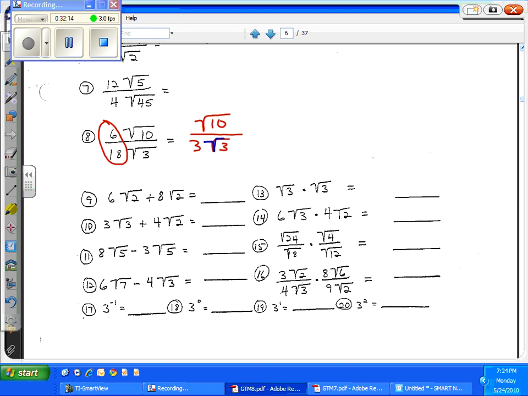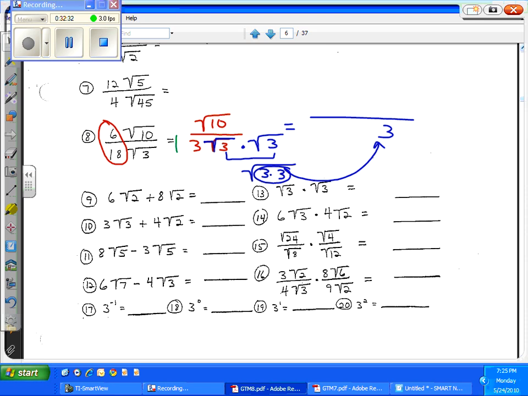Yes. So we're going to multiply by the square root of 3. That creates a pair of 3's that would be in a radical like this, and so it would pop out a 3 from that radical.